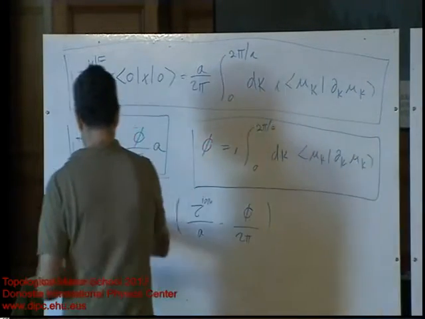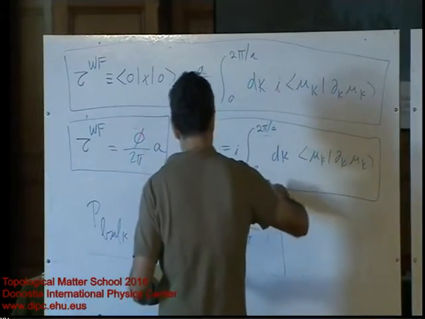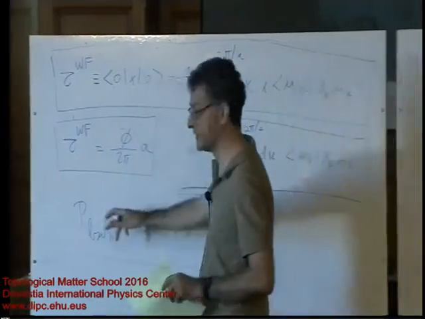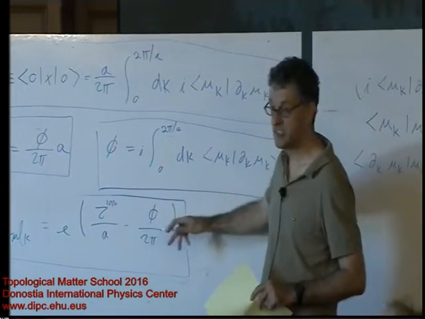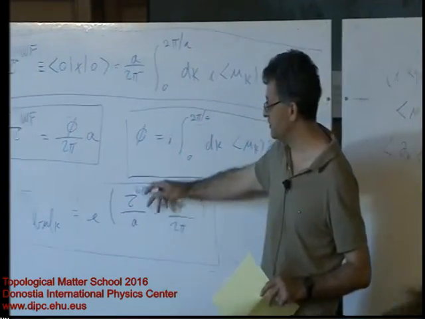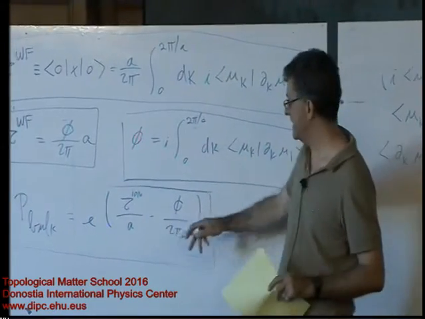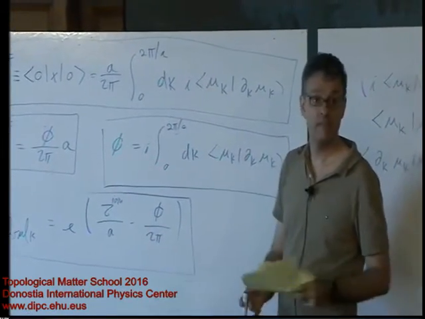Which is a very pretty equation, I think. So let's check that it makes sense. So polarization has units of charge, and then you have two dimensionless quantities here. One is the ratio of two lengths, and the other is the ratio of two phases.